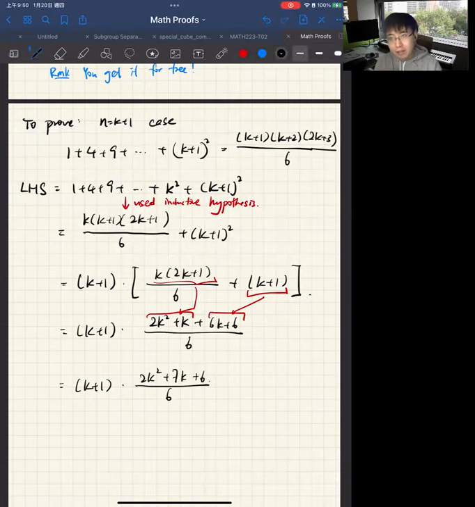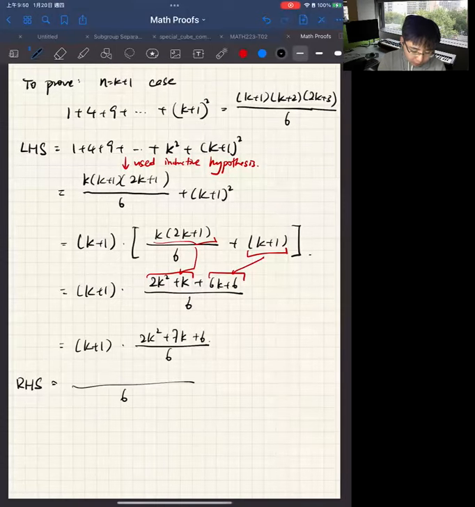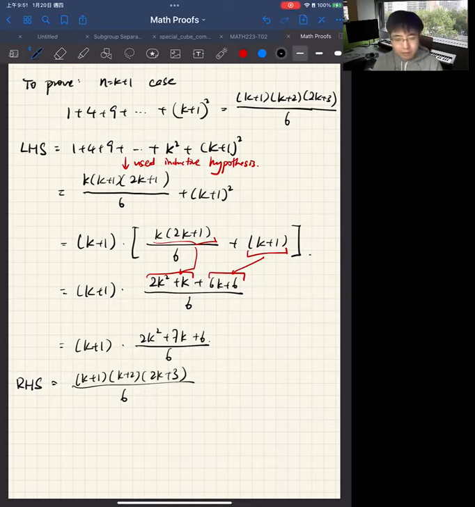I will pretend that I don't know how to factorize this, okay? I mean, the factorization is not that hard. But let's go to the right-hand side. Here is the right-hand side; I just copy from here. Now, the k plus 1 is factored out as above, so we have only k plus 2 and 2k plus 3.